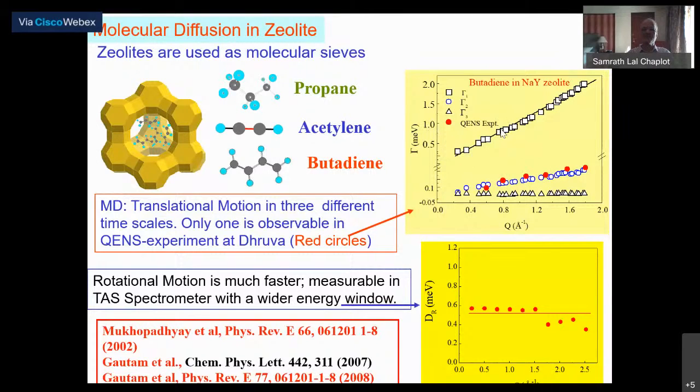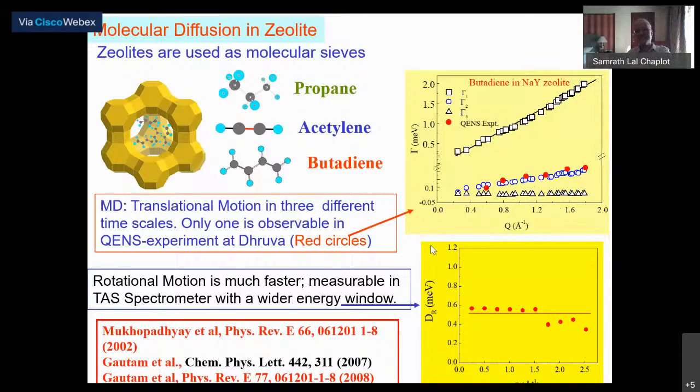You have something of the order of 1 milli-electron volt, a relatively fast dynamics, and then slower dynamics, and this is much slower dynamics. This is of the order of 0.1 milli-electron volt, which matches the energy resolution available at the Dhruva reactor. Other time scales could be seen at other high resolution spectrometers at high intensity machines, high flux reactors or spallation neutron sources.